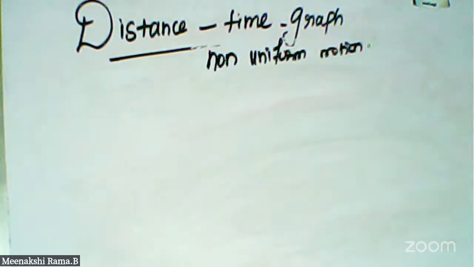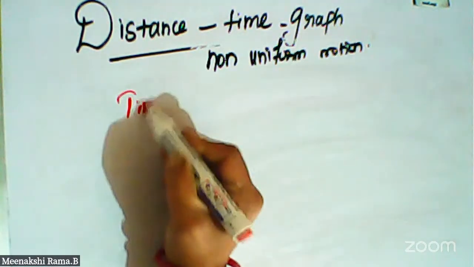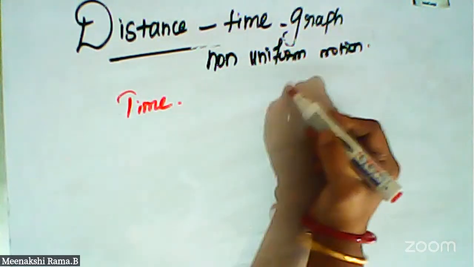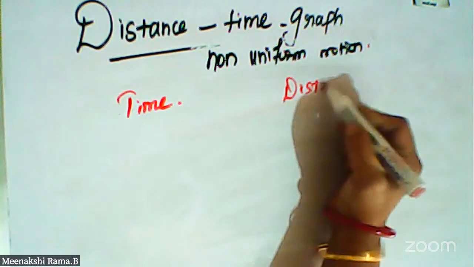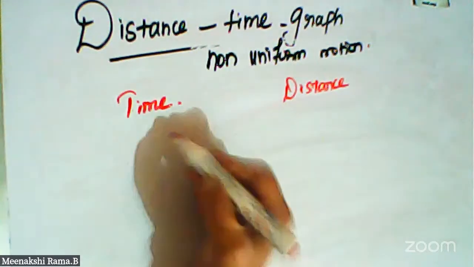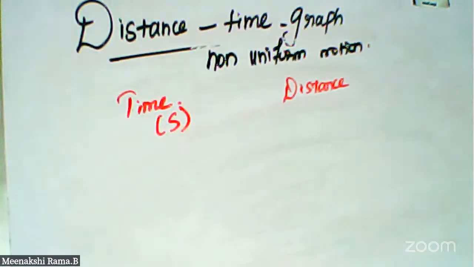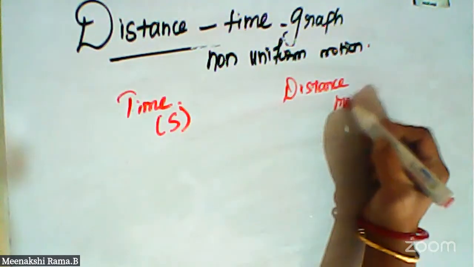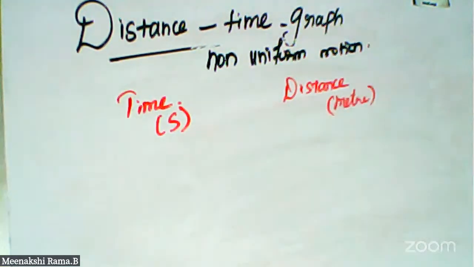How is the graphical structure? We first write the data, time and distance. We need these two data. Time in seconds because this is a car, and distance in meters. So each and every second, how the car crosses that area.